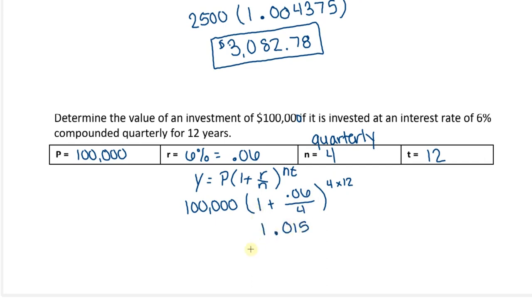Add 1 to it, so it becomes 1.015. 4 times 12 is 48. Bring down 100,000. Now calculate this in your calculator, and you will get $204,347.83.